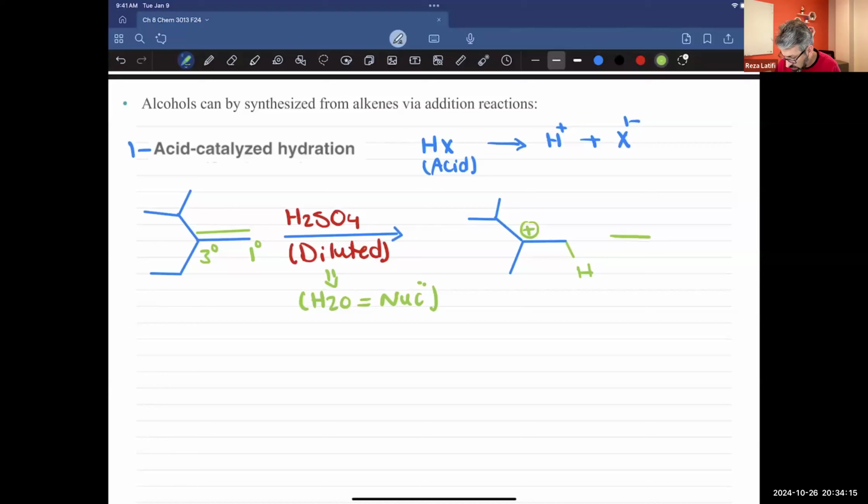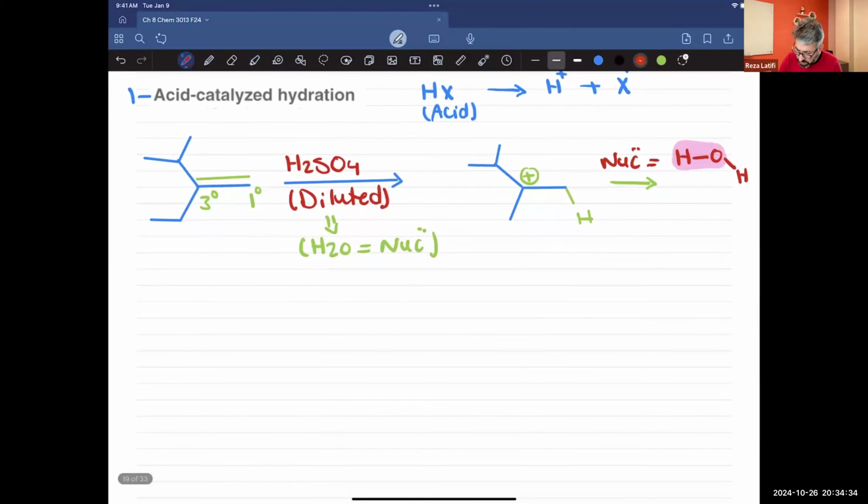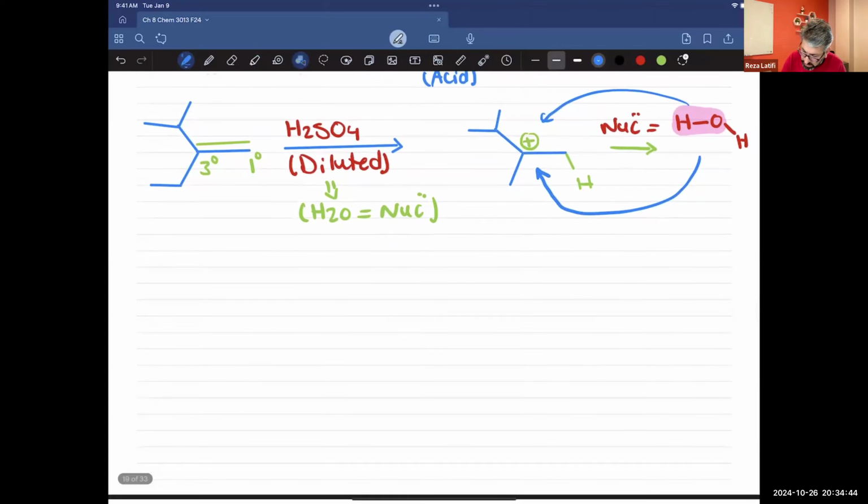In the next step of the reaction, our nucleophile will get involved, and the nucleophile is H2O. So you can say this H attached to O attached to another hydrogen, highlight OH, and add OH to the carbocation. When you add it to the carbocation, it depends from which side you're adding it. You will get a mixture of R and S as a product. So this is going to be the product.